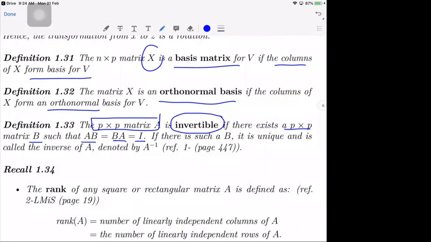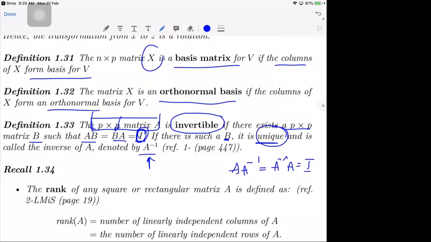If there is such a B and it is unique, but B is not always unique, you can get it equal to I. But if it is unique, then it will be called the inverse of A, and it will be denoted by A inverse. So that's why you have A inverse A equal to the identity matrix.